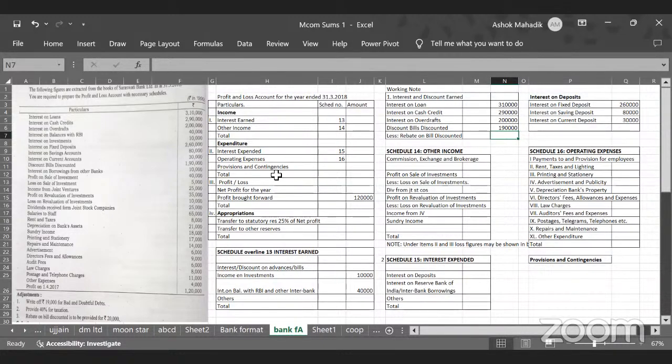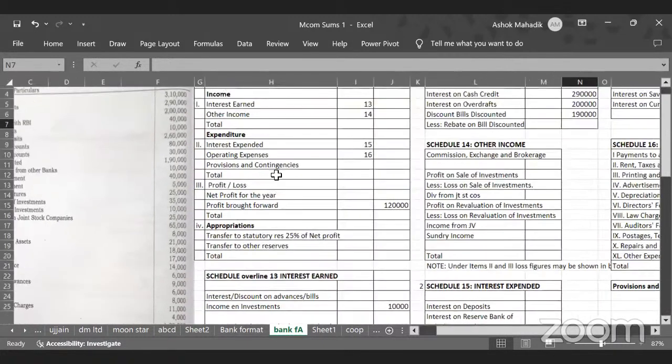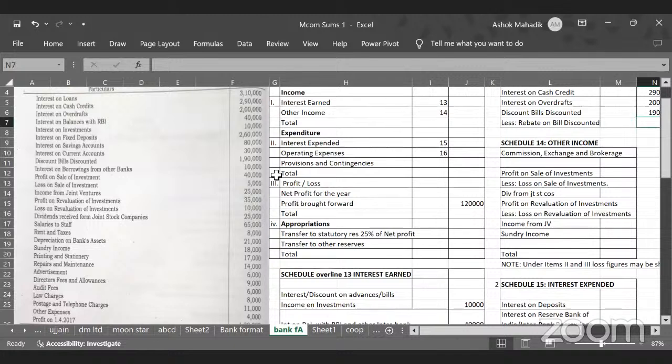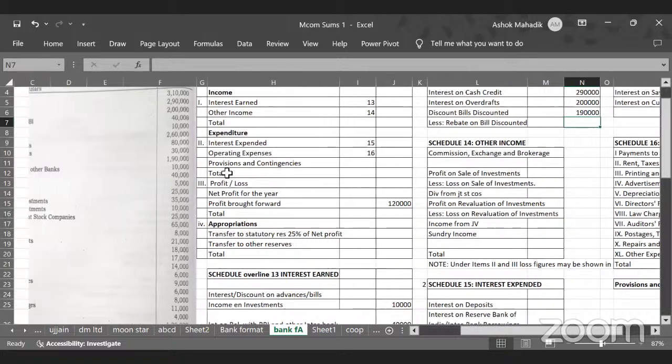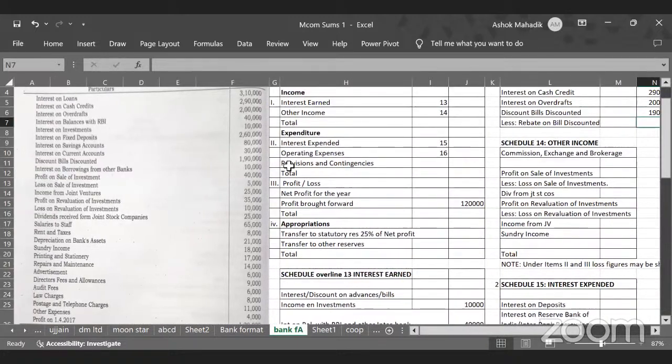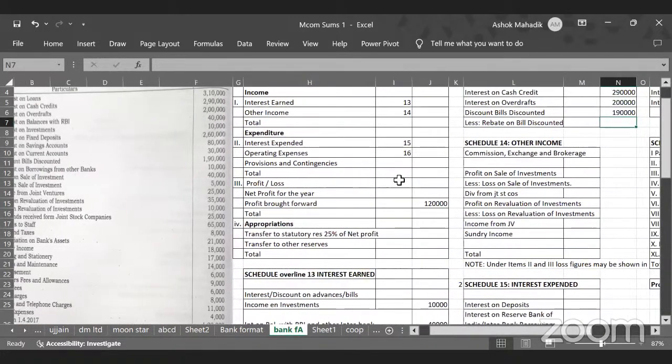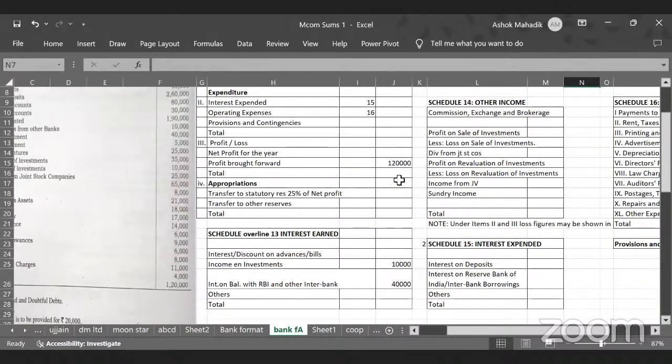I might have to increase the size a bit. You will be comfortable with this one now. Next, interest on borrowings from other banks. When you borrow from other banks, you have to pay interest. Clear? So how much is the interest? 10,000. When you borrow from other banks, we put it in schedule number 15.